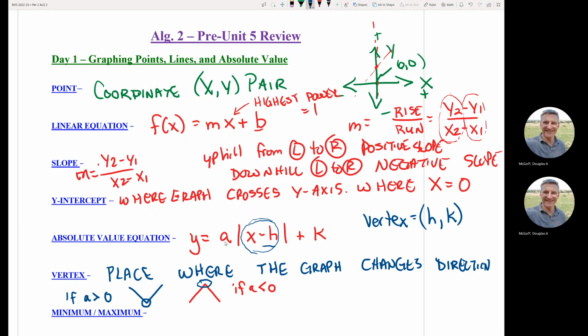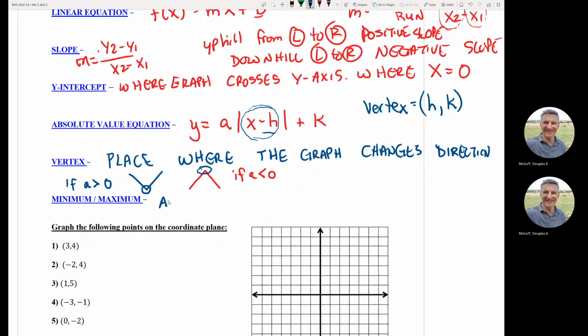A minimum or a maximum is at the vertex. It is a minimum if all y values are greater than or equal to that. In other words, it's a minimum at the vertex.